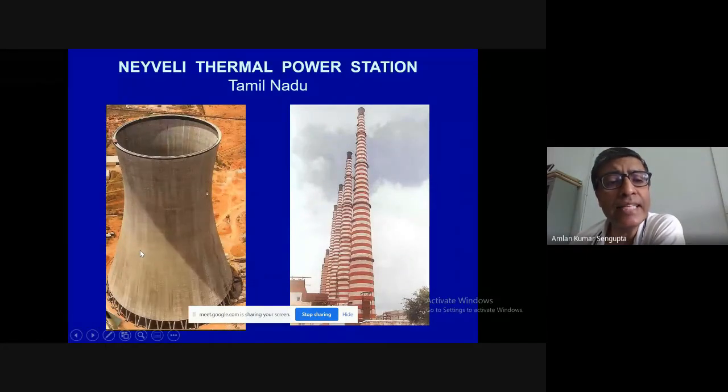Cooling towers are thin shell structures whose ratio of the longer dimension to the thickness is very high. The chimneys are very tall structures. Apart from the strength, there is another issue called stability that becomes important in these cooling towers and the chimneys.